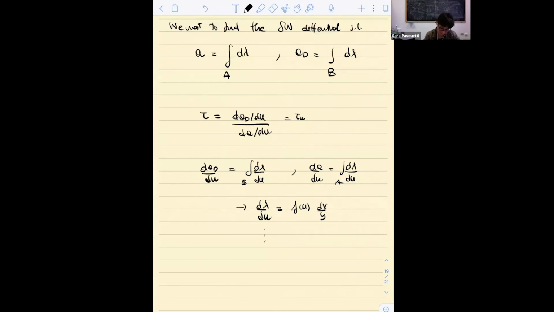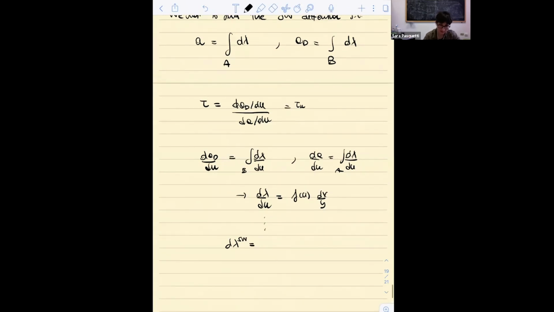This is pretty simple, and then you can fix the form of the Seiberg-Witten differential, which is square root of 2 over 2 pi, x minus u over the square root of x square minus lambda square. So once you have the correct differential, then you simply use this formula to calculate A dual, and then basically you have solved the problem.